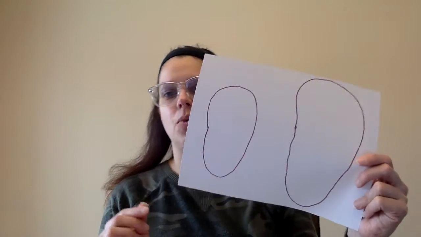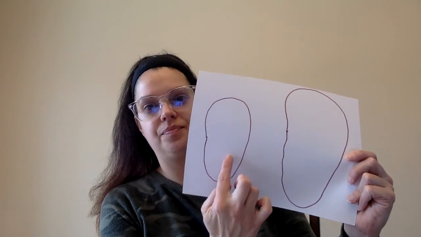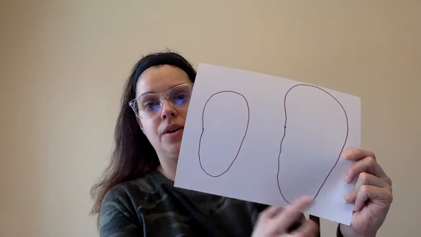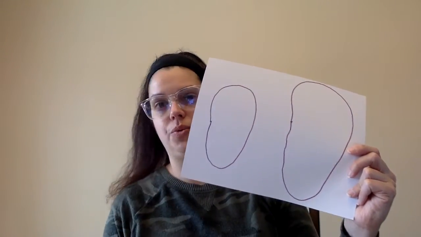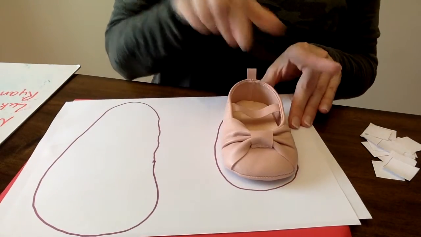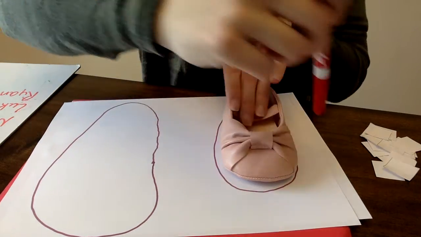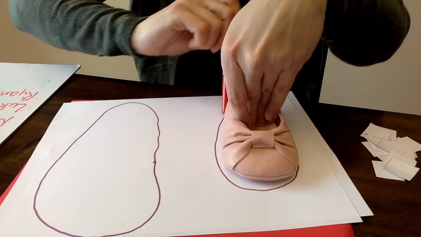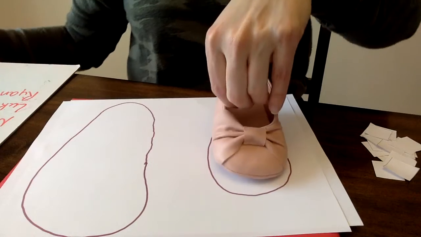So what I did is I decided to trace shoes just to make it a little easier for myself, right? So I want you to look. This one was Madison's shoe, and this one was Noah's shoe. So to trace the shoes, what I did was I just took a shoe, I used my marker, and I went around the shoe, right?